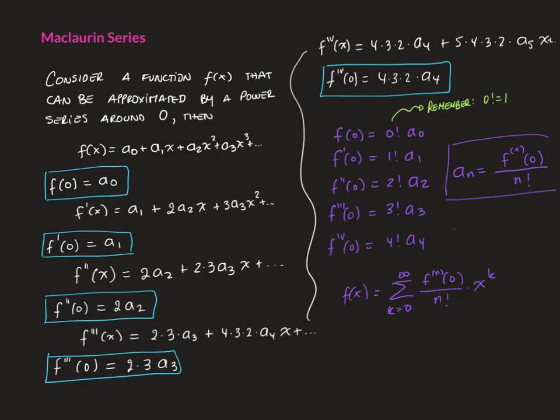So what this results in is what we call a Maclaurin series, which is a power series approximation to any function f of x in the vicinity of 0.